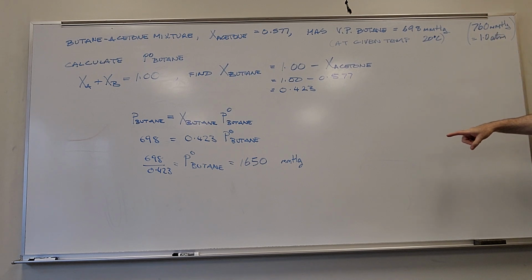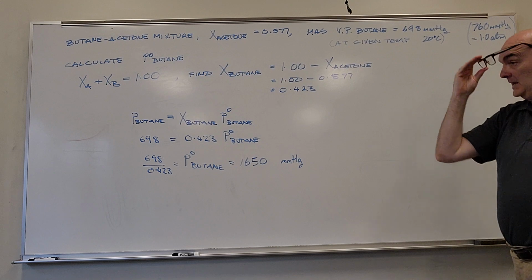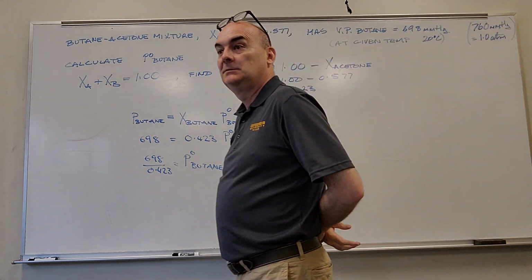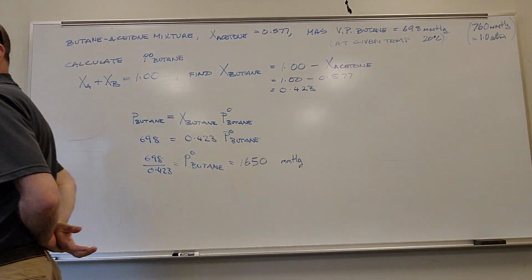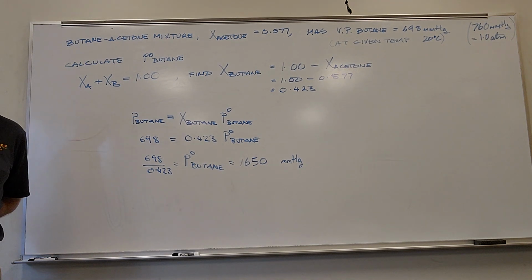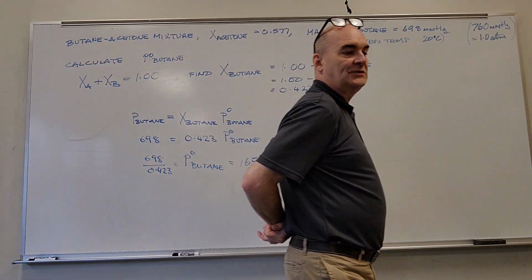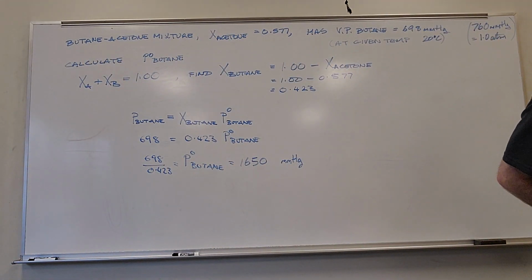That number, its vapor pressure, is larger than atmospheric pressure, which means all of it has boiled. It is way past boiling at the temperature in this question. It's a gas. It's a gas that's dissolved in the liquid, but it's still a gas.